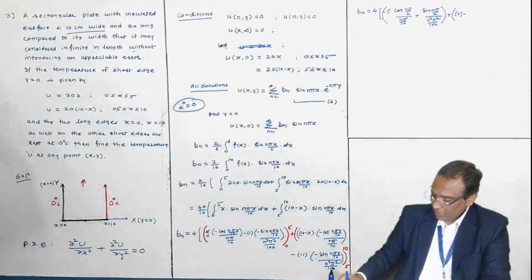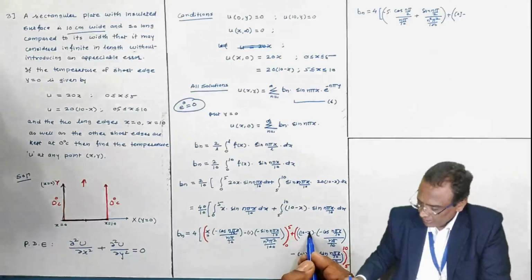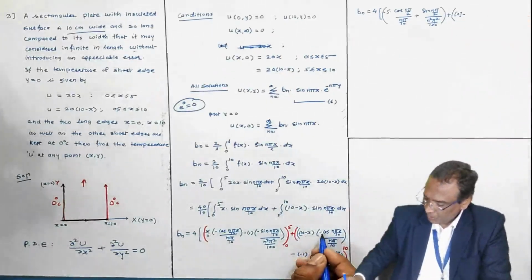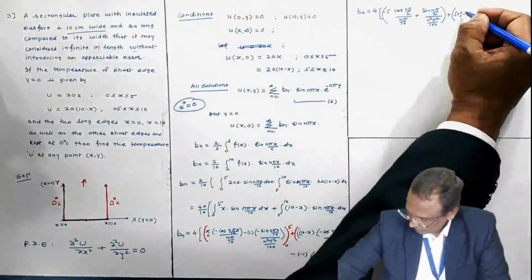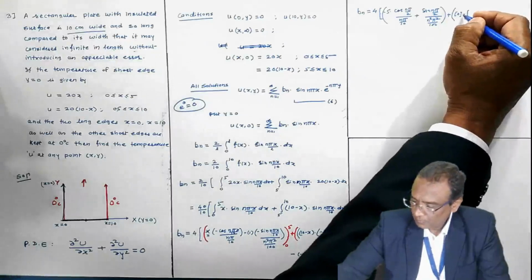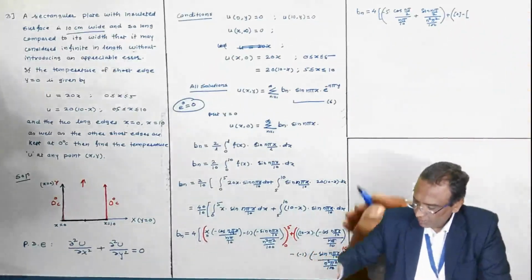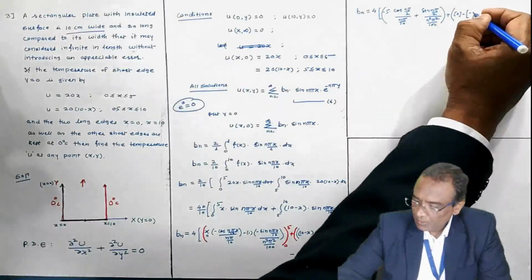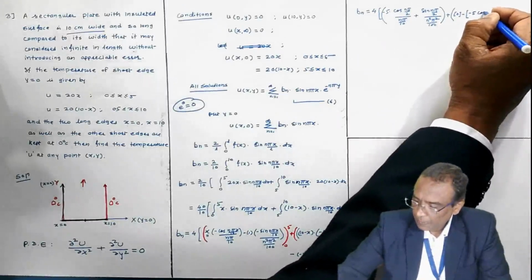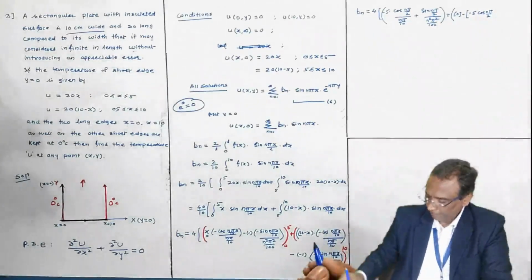minus, put x equal to 5, 10 minus 5 is 5, minus of cos, see this I'm writing in the bracket, upper limit minus lower limit, minus 5 cos n pi by 2, okay?